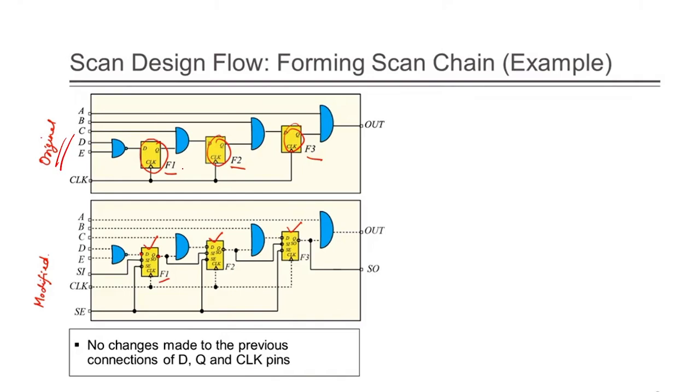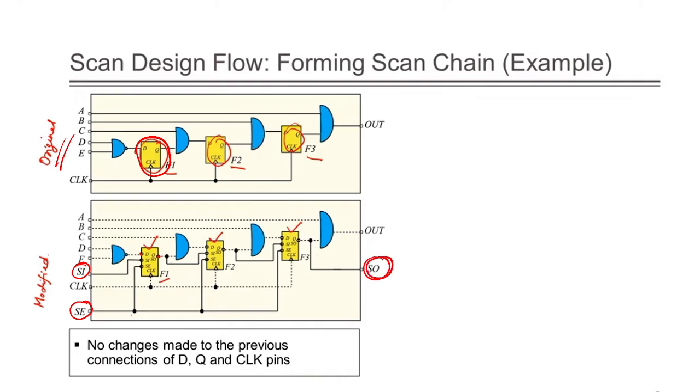What you need to do is replace this D flip flop with the modified circuit. What is that? D input, and you need to add one more, that is scan input, and next SE, the scan enable input. Anyway, clock is there, and you are taking scan out.